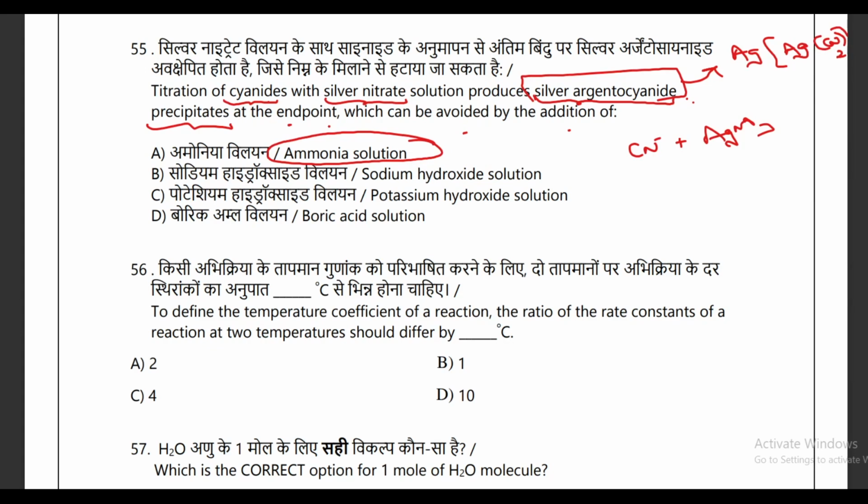Ammonium ions actually help to complex with silver ions, okay, preventing the formation of this precipitate and allowing for a clearer endpoint in this titration process. Clear? So by using ammonium solution you can avoid the formation of these precipitates. So in this case there are four options and A option is your correct answer, so you have to take A option.